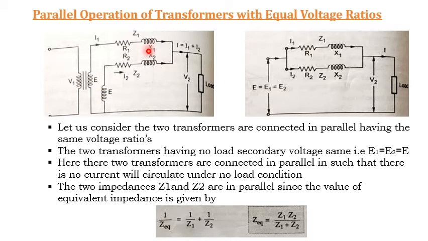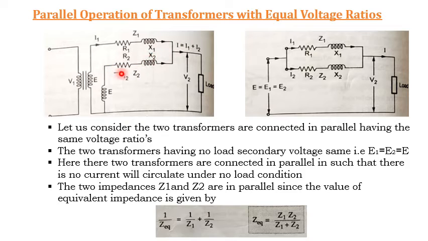In general, the combination of these two we can represent as the impedance Z1, and similarly the impedance Z2. The current flowing through the secondary winding of transformer 1 is I1, and through the secondary winding of transformer 2 is I2.